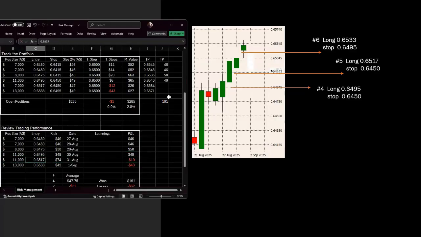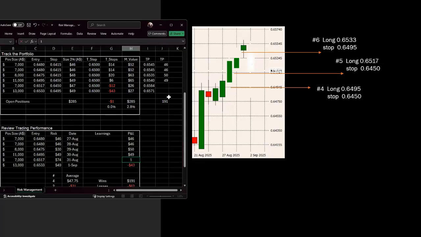And here's where the question mark is. So let's assume that we had a trader who booked his take profits and he says, I'm not going to book profits at market. I'm just going to trail my stops and I'm going to have take profit targets. So let's say the third trade, 7,000, which was entered at 6,517, let's say the market drops on Monday.